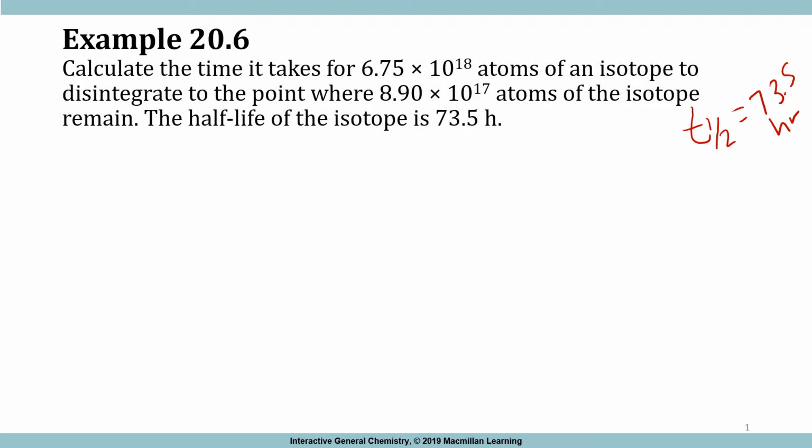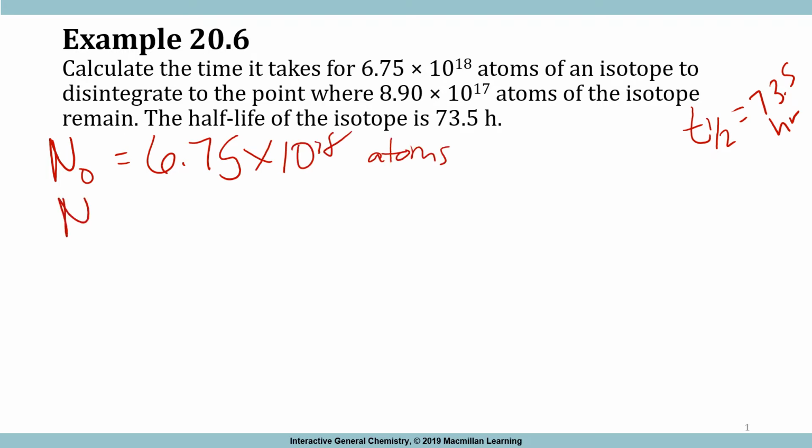They give you the initial amount, so N0 is 6.75 times 10 to the 18, and N_t is just going to be 8.9 times 10 to the 17. And they're looking for time.